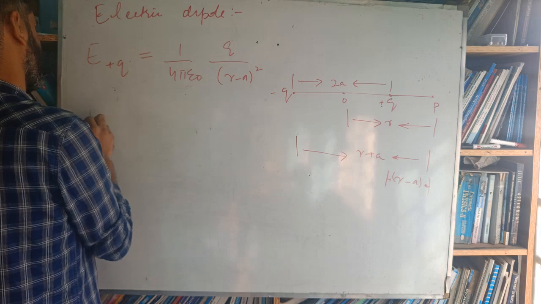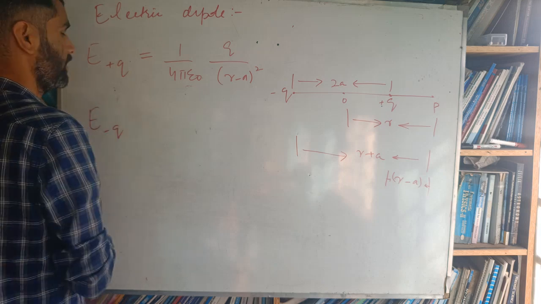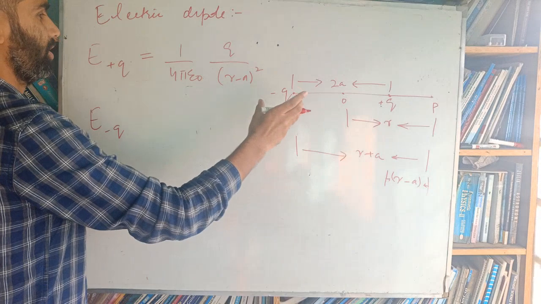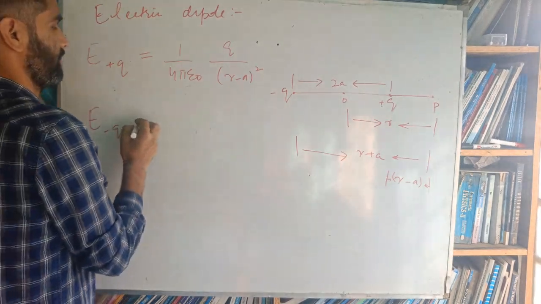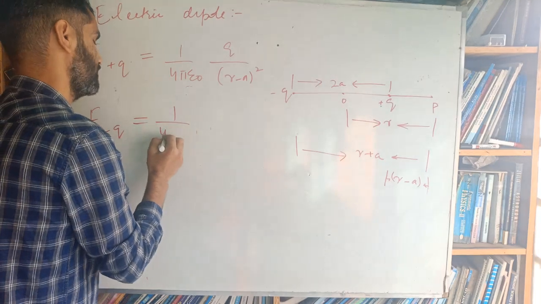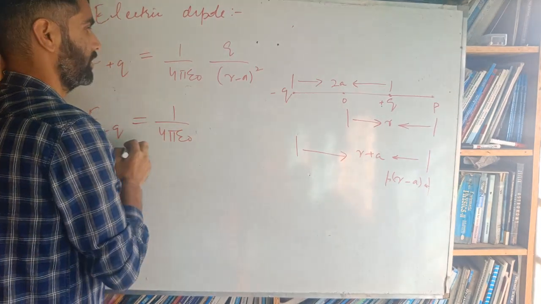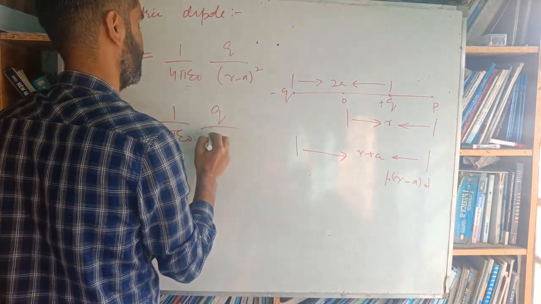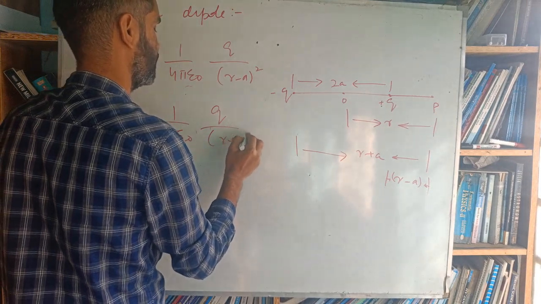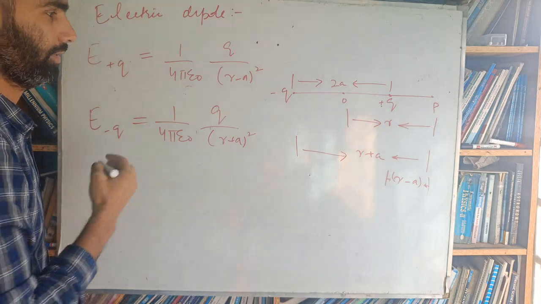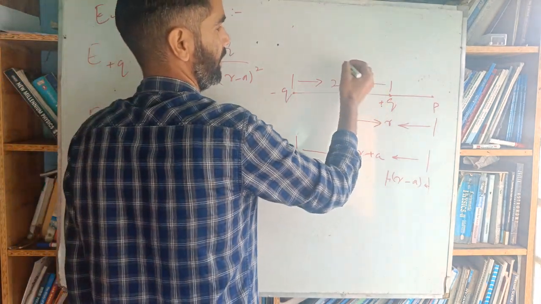Similarly, I can write the expression for electric field intensity at point P due to minus q charge: 1 over 4 pi epsilon naught q over r plus a whole square. Now this will be attractive.